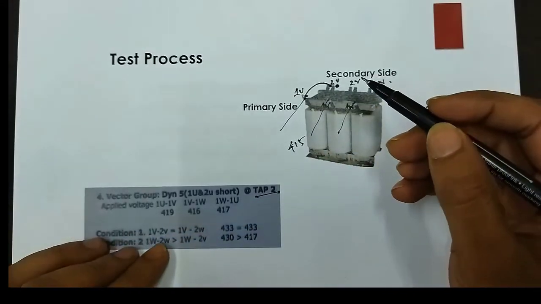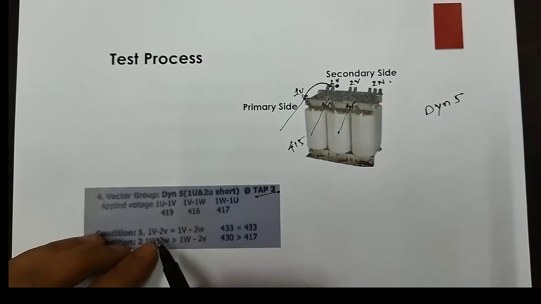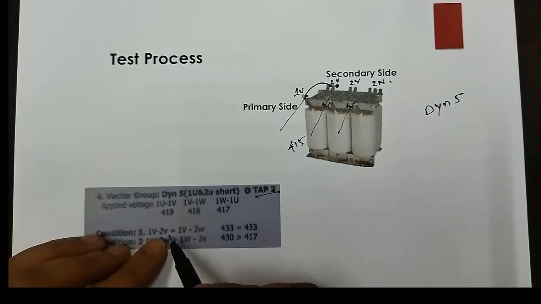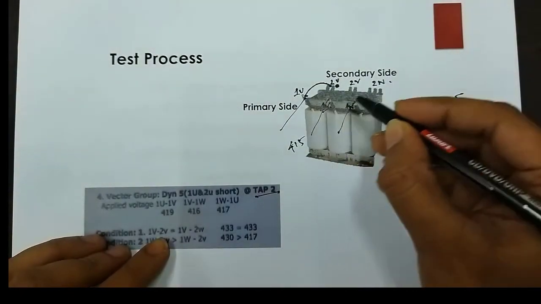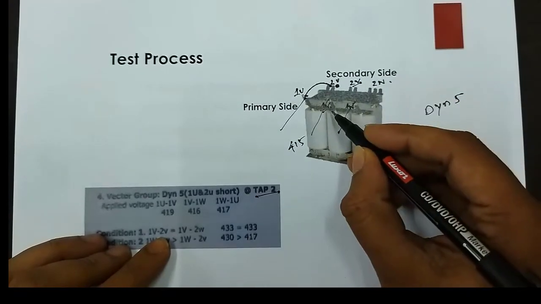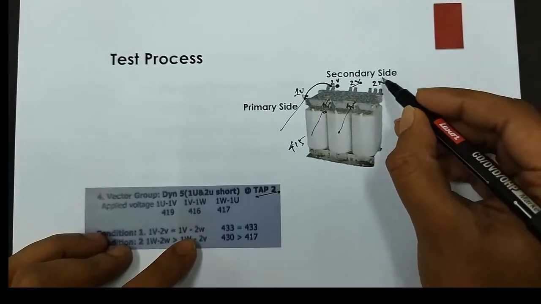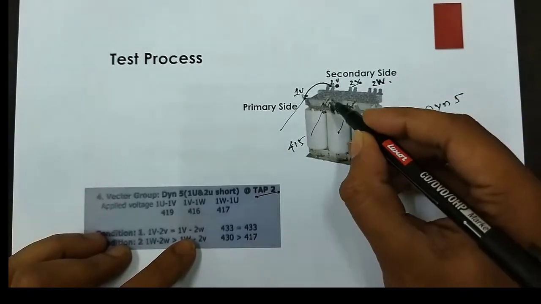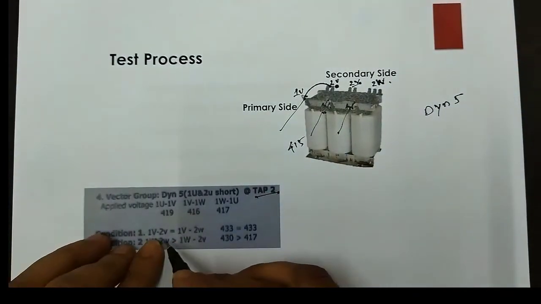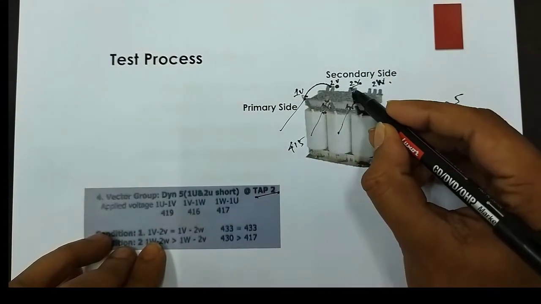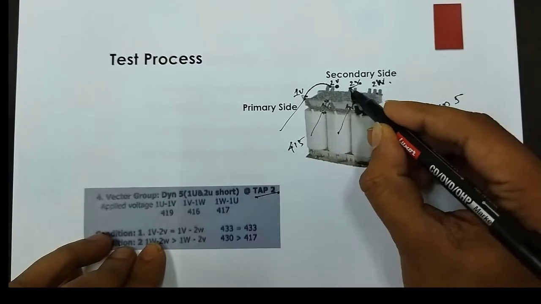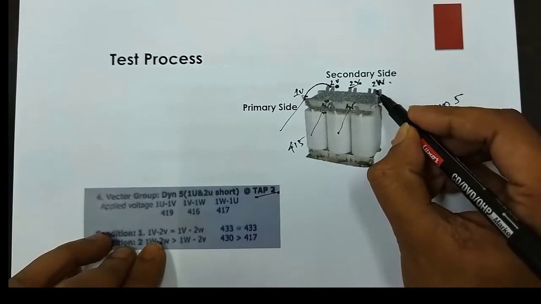Then the condition is you have to measure the voltage between 1V and 2V, and 1V and 2W. In the first condition, the voltage between these two terminals and these two terminals should be the same.